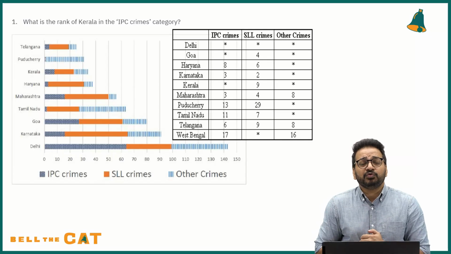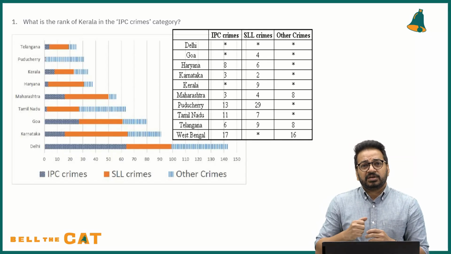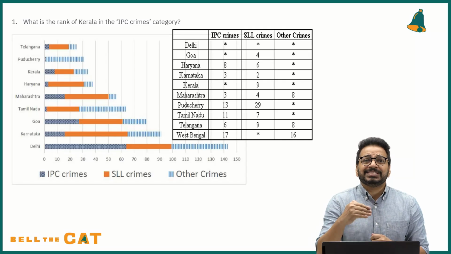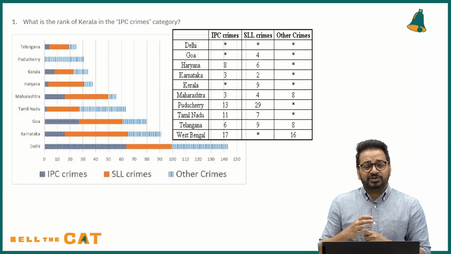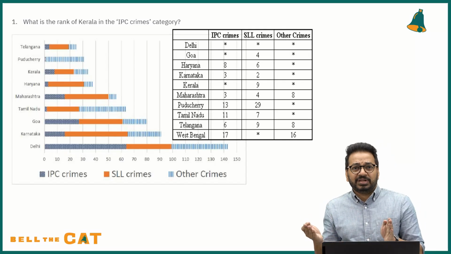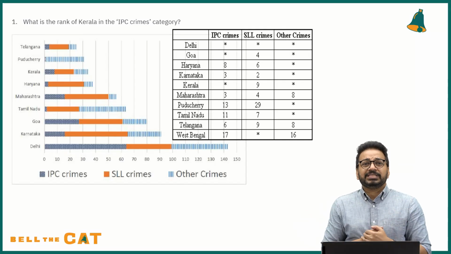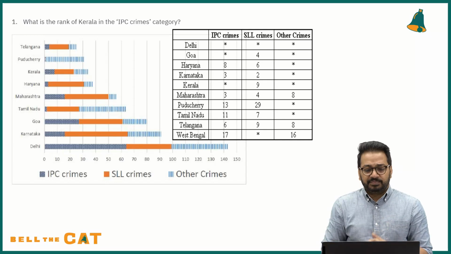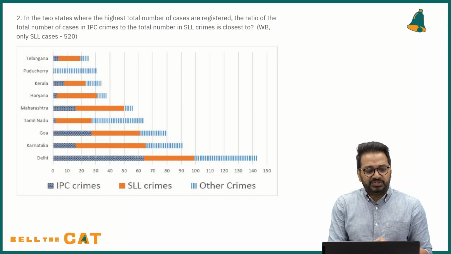Why is the rank not 4? If I am given a rank R, that means R minus 1 states are ahead of it. Whatever the number of states ahead of me, I get the next rank after that, that plus 1. How many states are ahead of me? 4. So what is my rank? 5. So first question, absolutely hands-free approach.